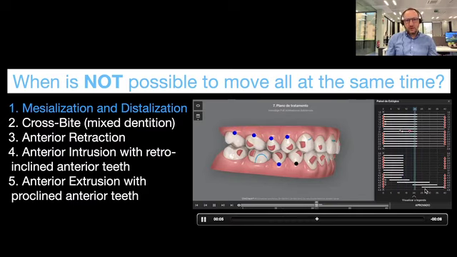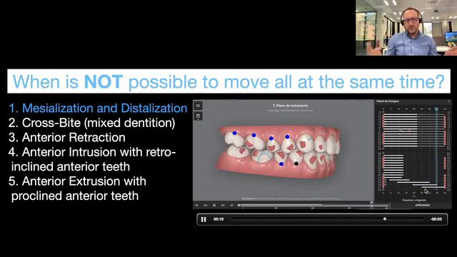When it's not possible to move everything at the same time, because of course every time we use a sequential movement strategy, we are going to increase the number of aligners. If we move everything at the same time from the beginning, we are going to finish each individual tooth movement sooner. But if we need to wait for one to achieve about 50% of its movement to start the other, of course we're going to increase the number of aligners.